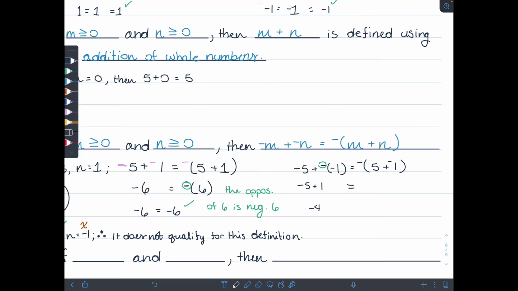Wait, what? Yes, 5 plus negative 1 is, no, positive 4.